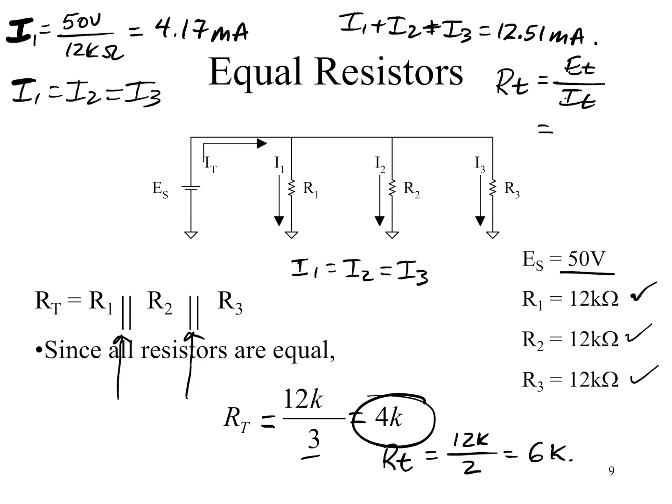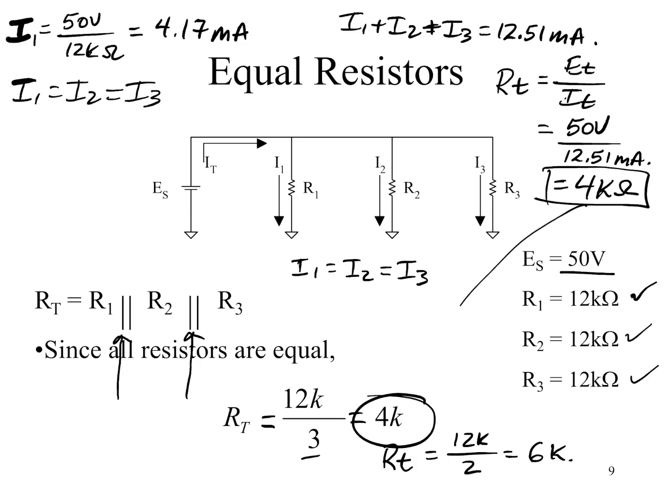E total in this case was 50 volts. I total is 12.51 milliamps. So now we'll do the division. 50 divided by 12.51 exponent minus 3. The result is 4K ohms, which is what we got here.